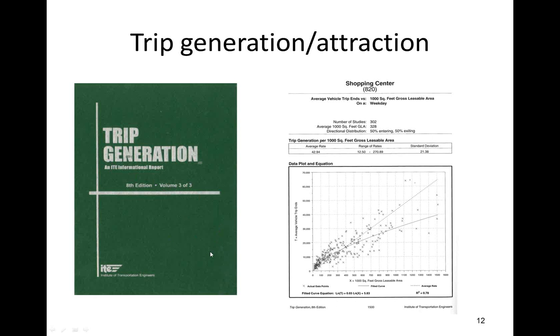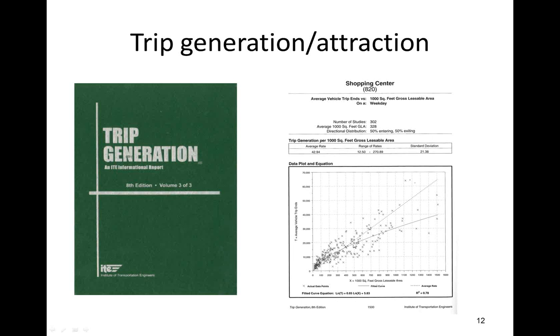I believe there's a newer version, but it illustrates the relationship between the number of trips that a particular shopping mall or a shopping center will attract given the gross leasable area in terms of square feet. This is US, so it's in square feet.